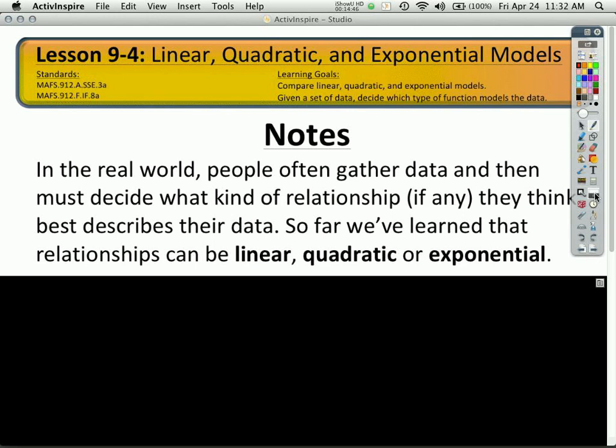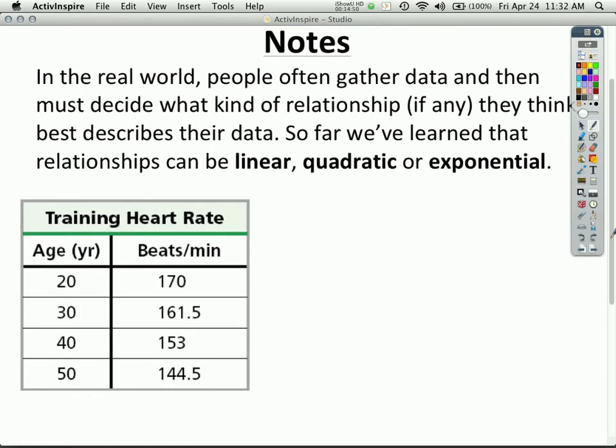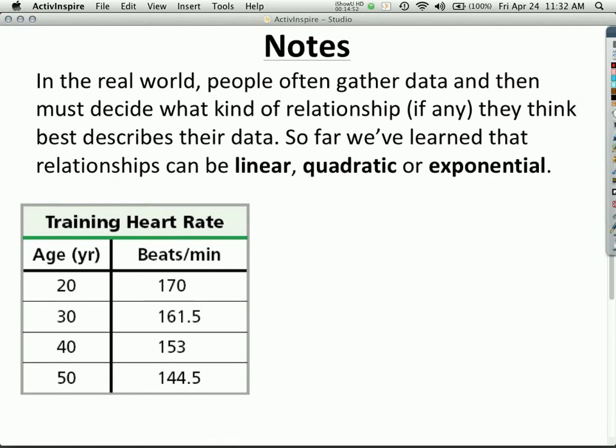So, you are familiar with linear, quadratic, and exponential. So, here is a scenario that I've set up where it's supposed to be 4 different people of different ages and their heart rate while they were training or immediately after training, doing exercise.